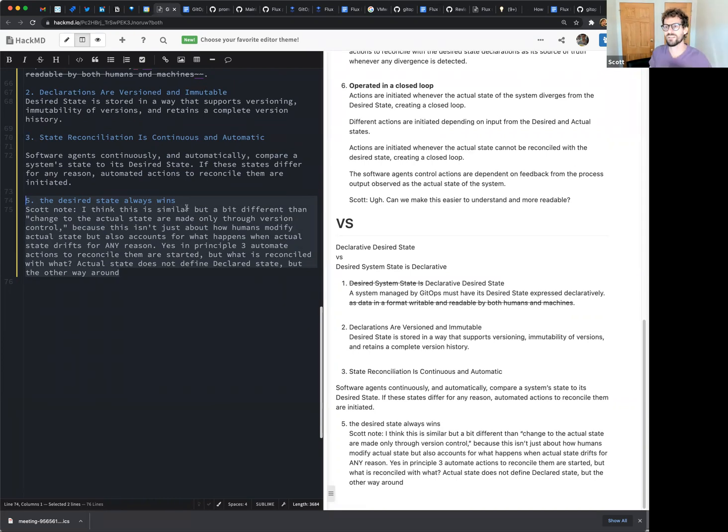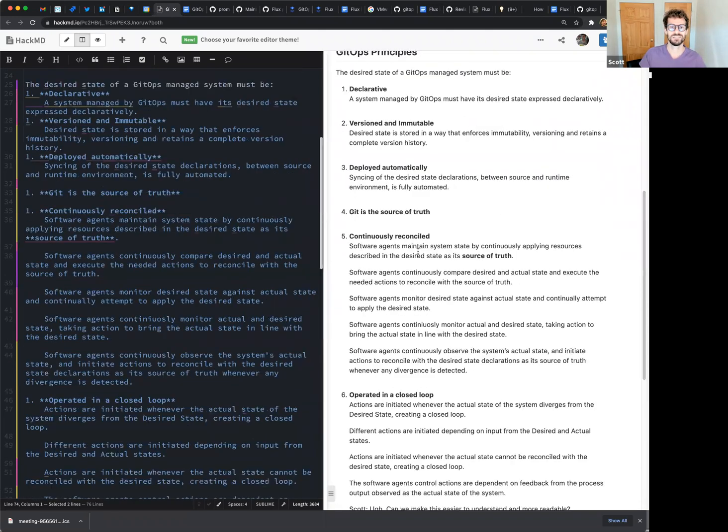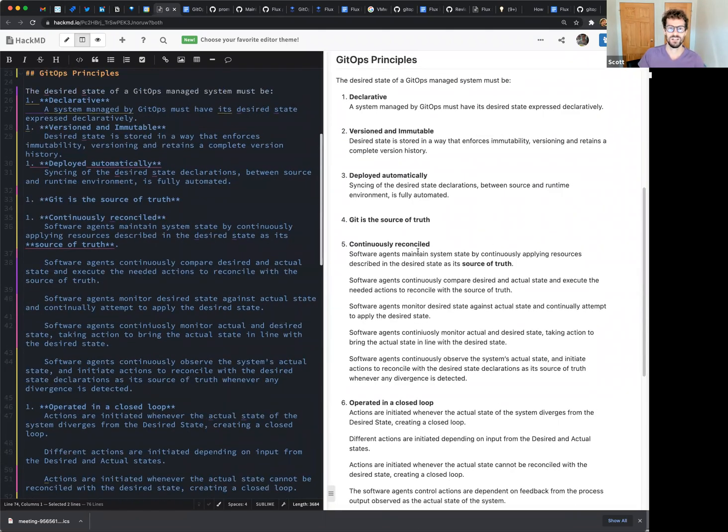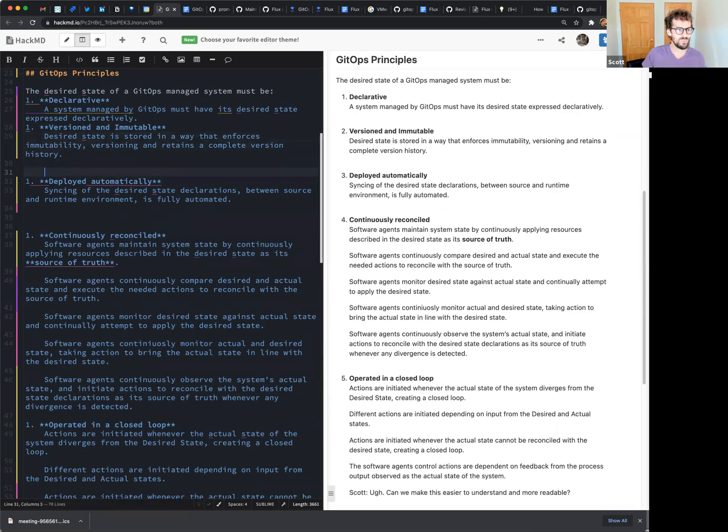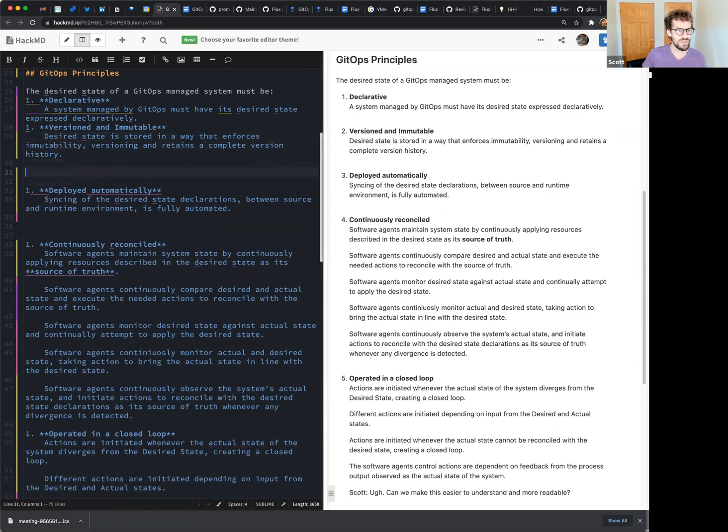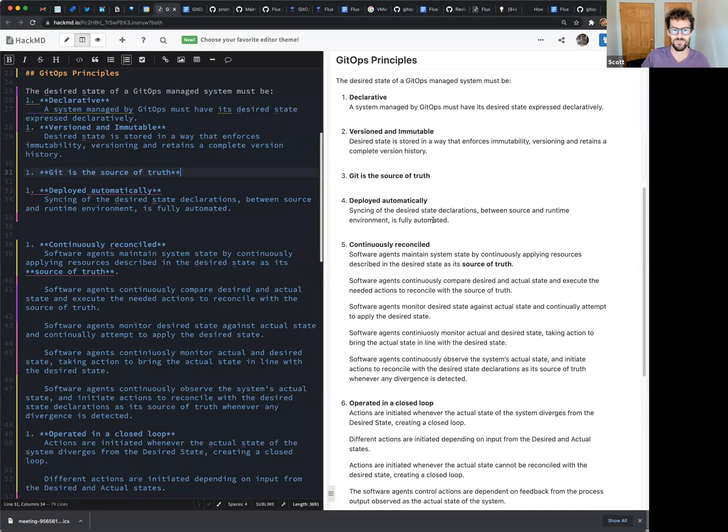We're using language right now to talk about the source, and I'm just wondering, does that mean we need to... Well, your point is that continuously reconciled doesn't say anything about the source of truth inherently, that we're adding that on. So you're wondering if it would be better as a separate principle. Yeah, and would it be better before this so that we can reference it, so that we don't have to worry about clarifying that in number 4?